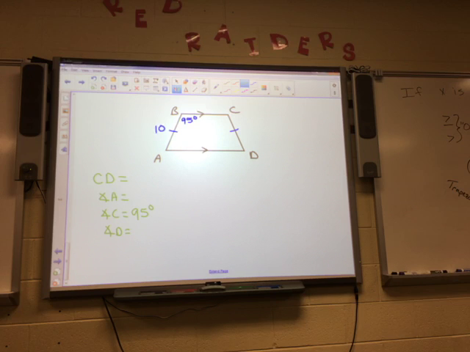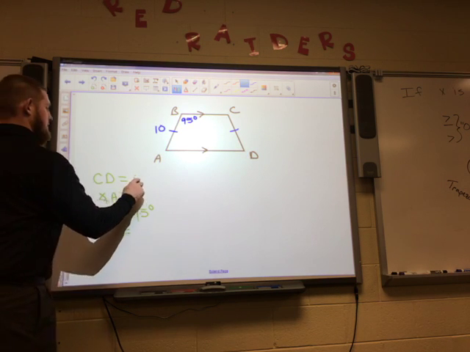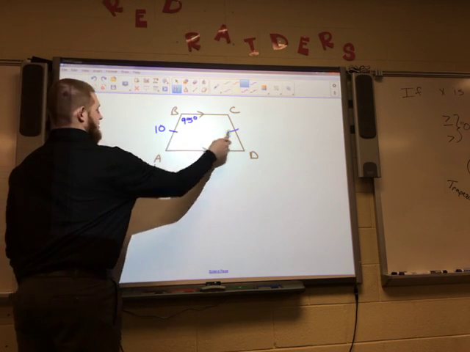Base angles are congruent. Okay, in an isosceles trapezoid, base angles are congruent, correct? And that's our theorem. What else? Amaya? CD equals 10, because it's isosceles and I have tick marks, right?